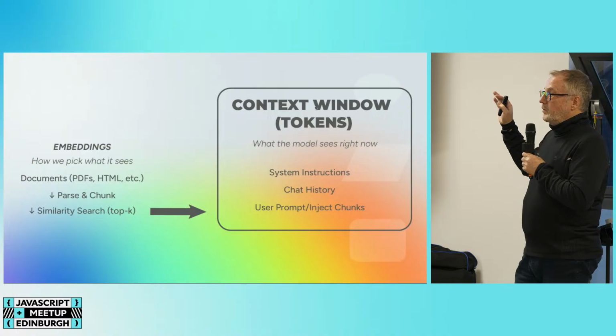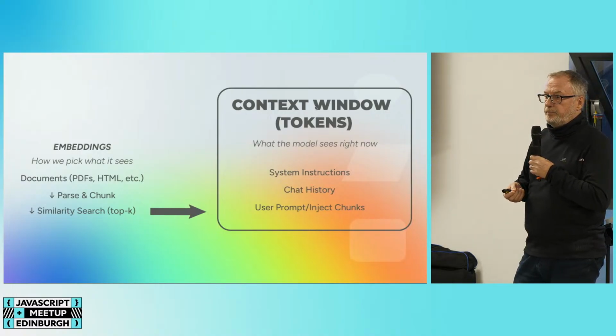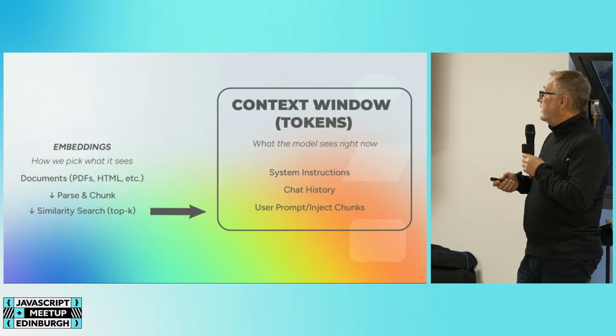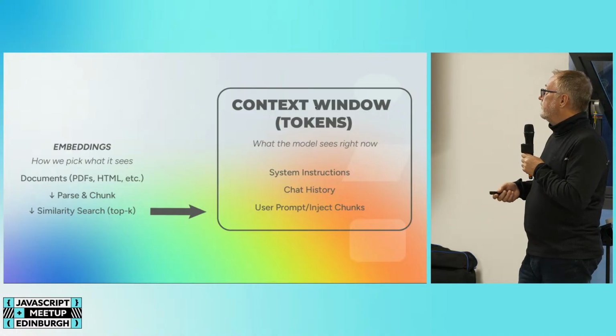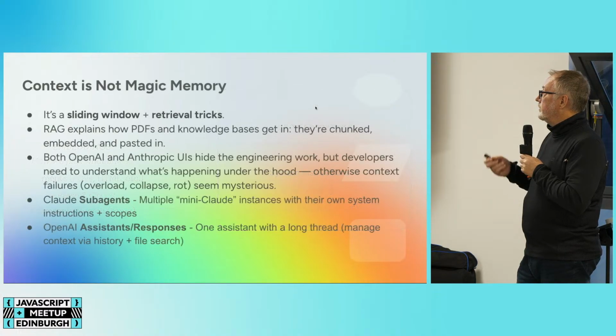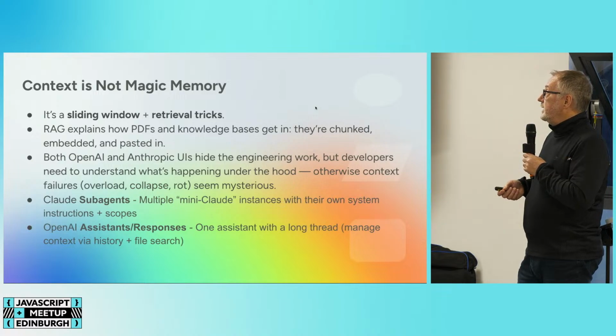I'm saying this is just Anthropic and OpenAI. I haven't really gone to any of the rest of them, but that's what they see at the point of inference in the context window. So context is not a magic memory.